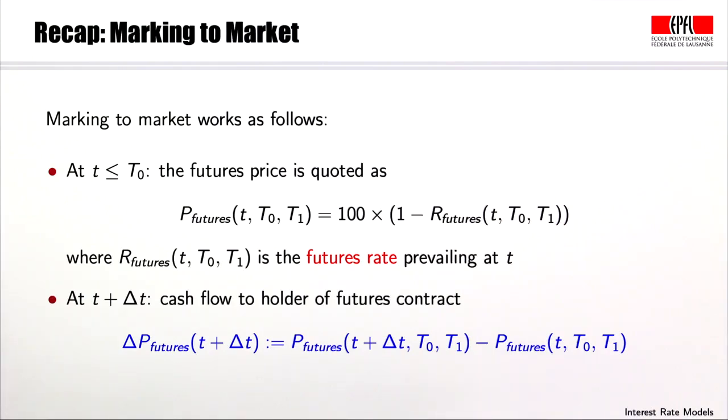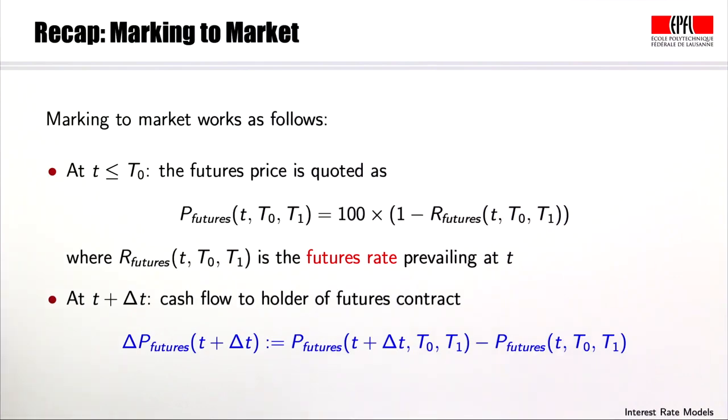At any date small t, the futures price is quoted. It is given in terms of the futures rate as shown here. If the futures price changes from time t to time t plus delta t, the holder of the contract receives a cash flow which is given by the difference of the futures price at time t plus delta t minus the futures price at date t.